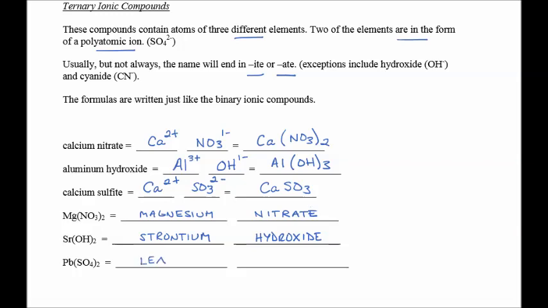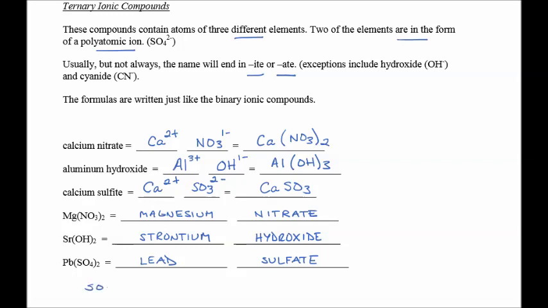It's lead sulfate. However, lead is a transition metal. It has more than one positive ion, so we have to say which ion we're using. Sulfate has a charge from Table E of -2, and there's 2 of them.